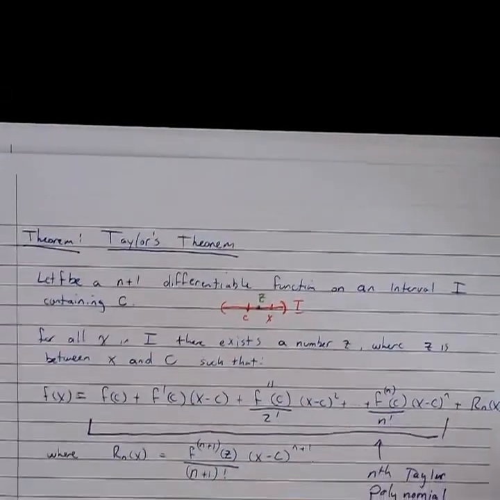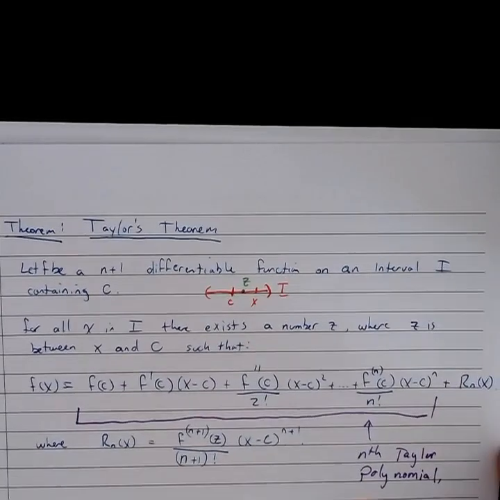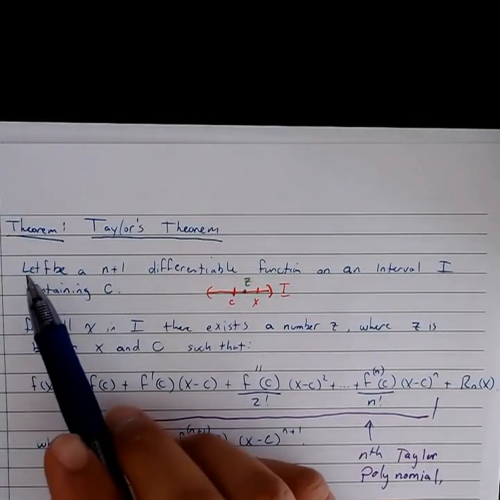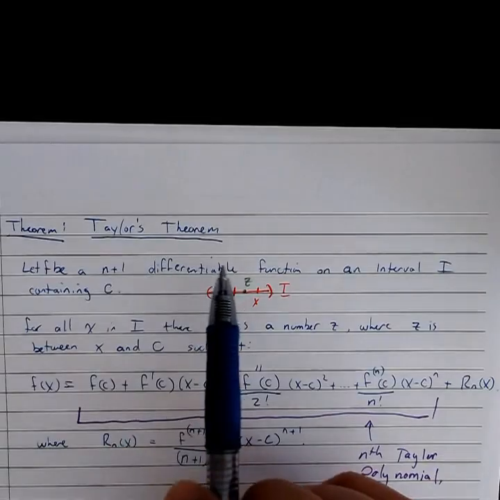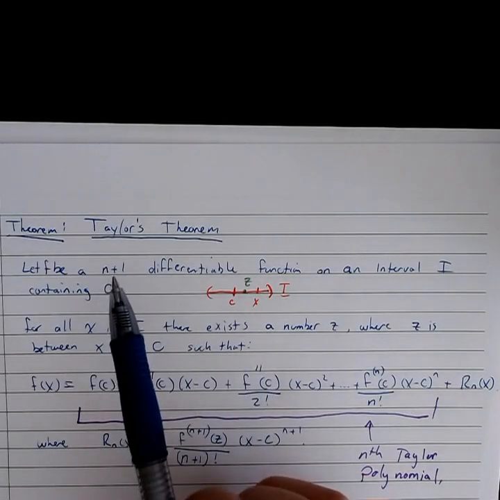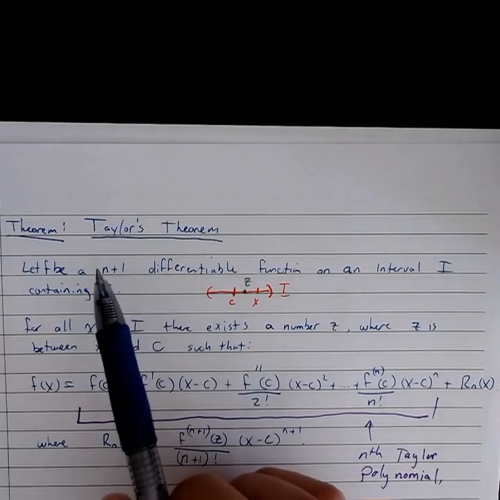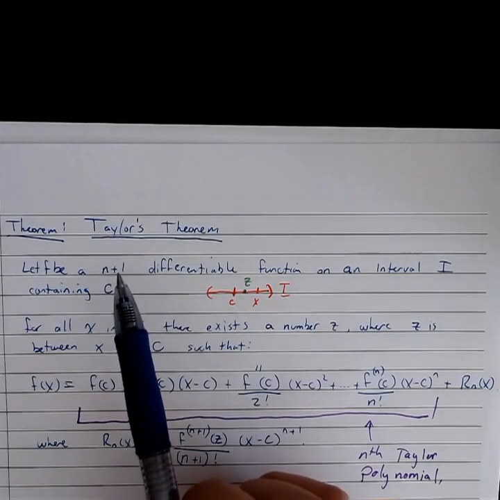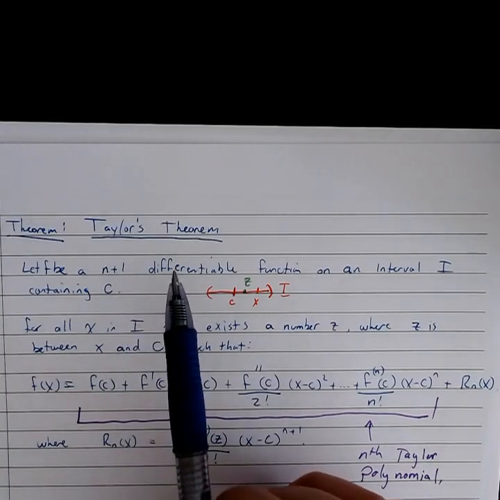Taylor's theorem says that we can do a lot better than that. So Taylor's theorem says the following. Let f be an n plus 1 differentiable function. Remember what that means? That means we can take the first derivative, second derivative, third derivative, all the way up to the n plus first derivative.